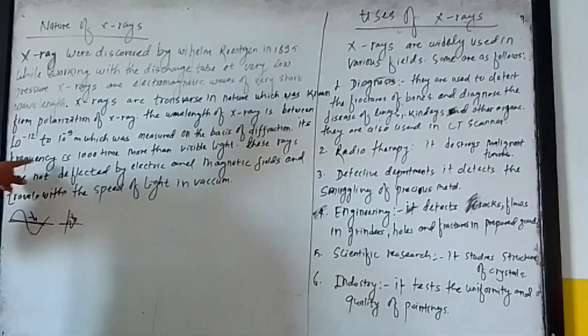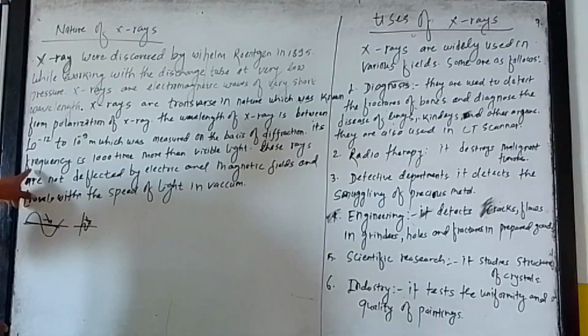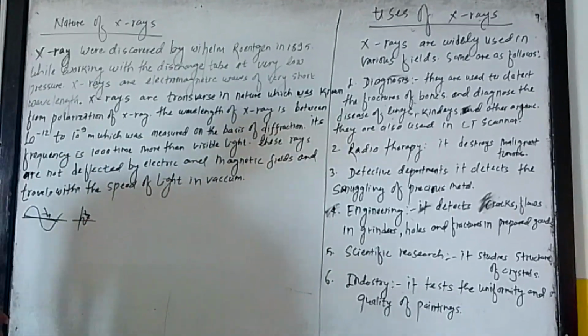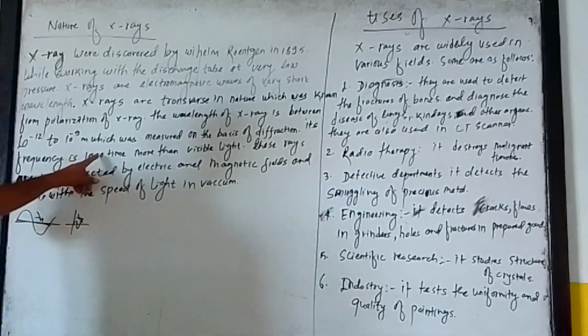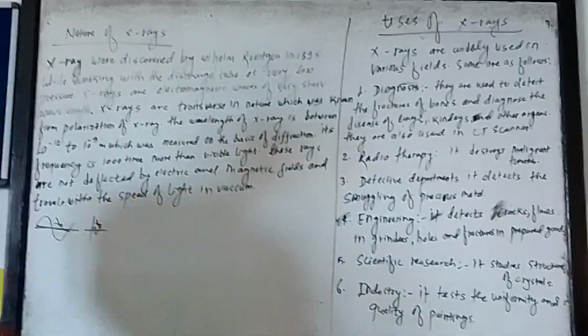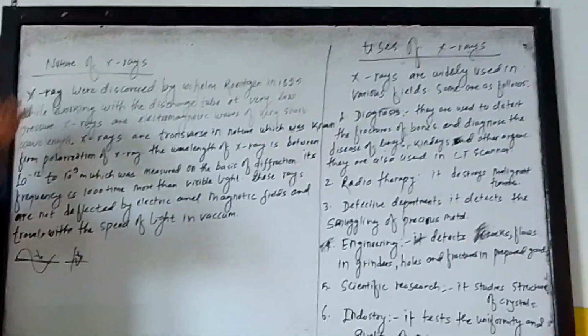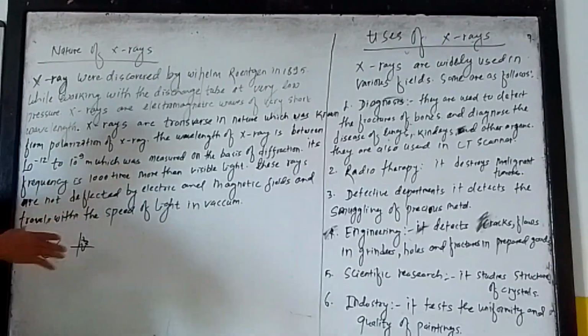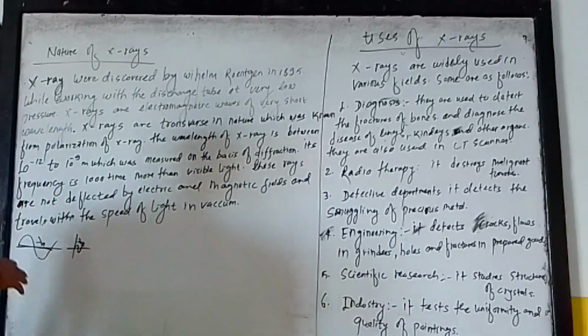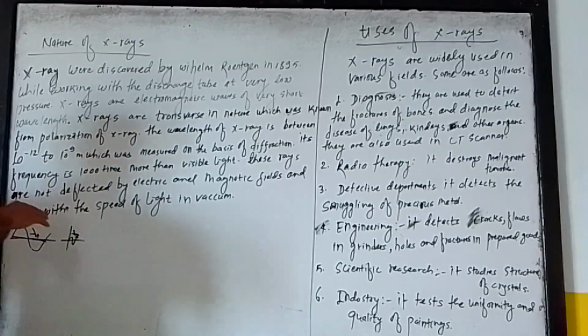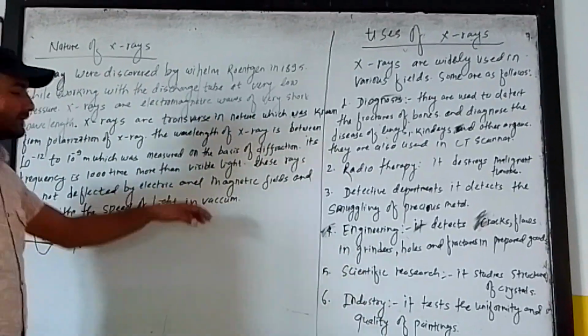Another property of this X-ray is that its frequency is 10 power 3, that means 1000 times more than visible light. And the next, fourth property is that these X-rays are not deflected by electric field or magnetic field, and they travel with the speed of light in a vacuum.